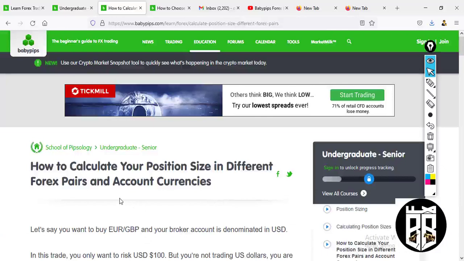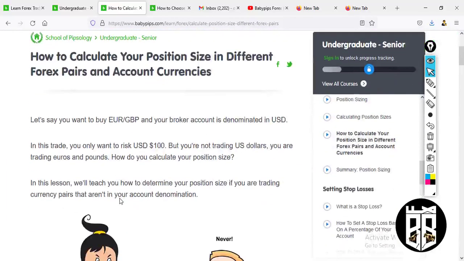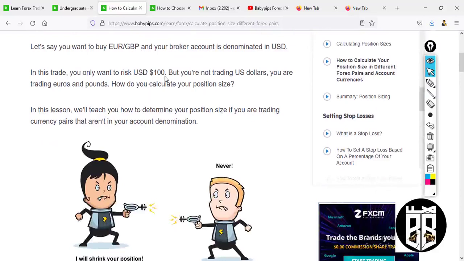So here we are on how to calculate your position size in different forex pairs and account currencies. Now, let's say you want to buy Euro Pound and your broker account is denominated in USD. Let's say you only want to risk $100, but you're not trading US dollars. You are trading euros and pounds. So how do you calculate your position size?